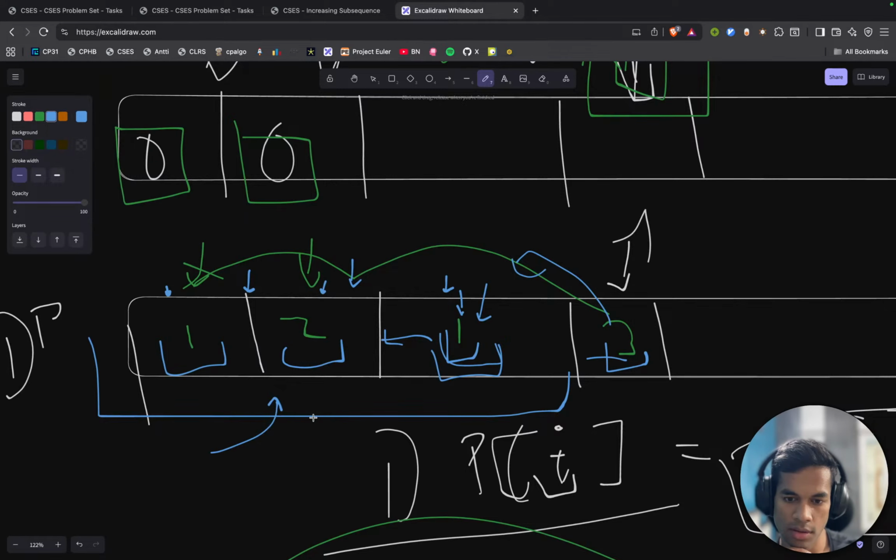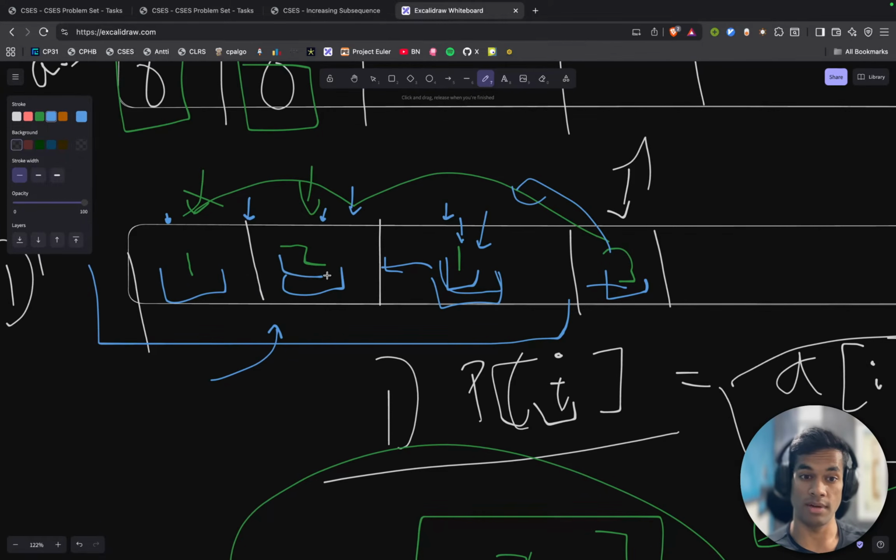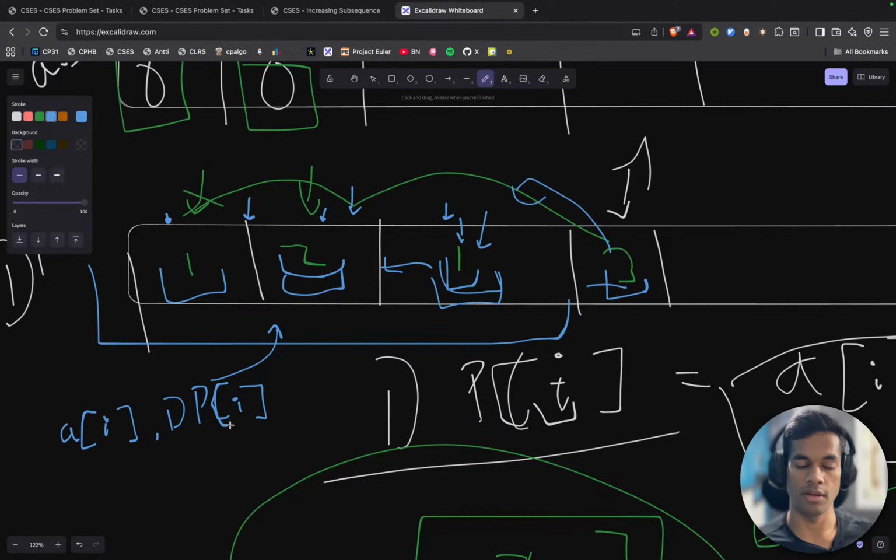Okay. There are only two factors on which my choice depends. The two factors are: what is this value, let's call it a i, and also what is its dp, the value it has in the dp.